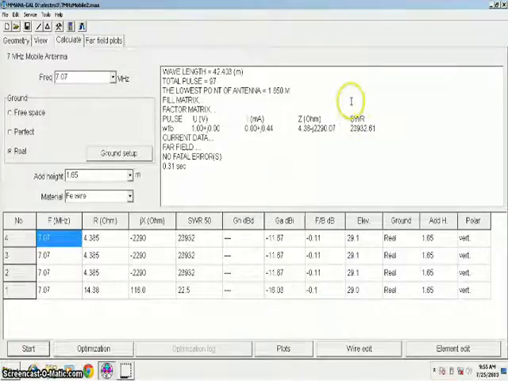And the SWR here is quite high, 23,932, and impedance value here consists of two parts. First one is the resistance here, and the last part is the reactance. Showed here 4.38 ohm minus J 2290 ohm.